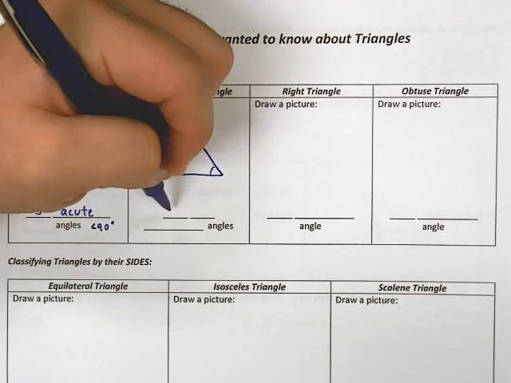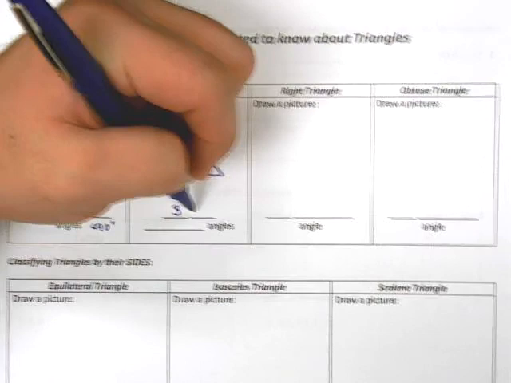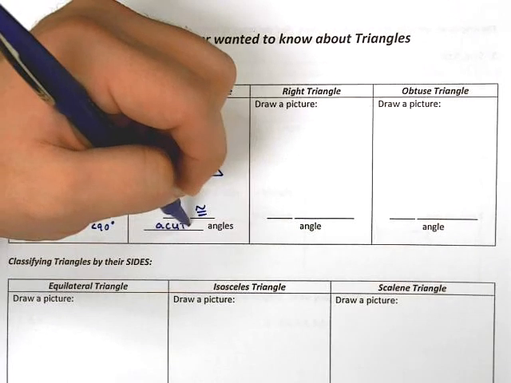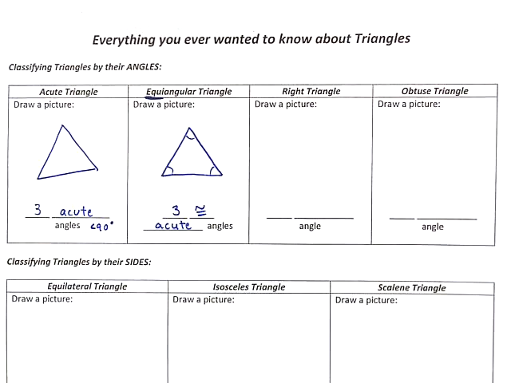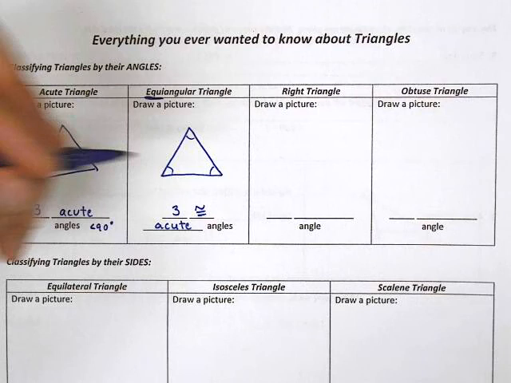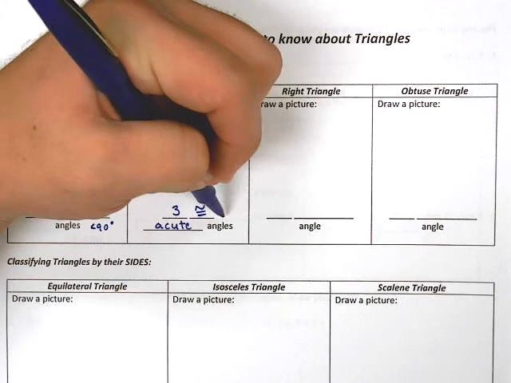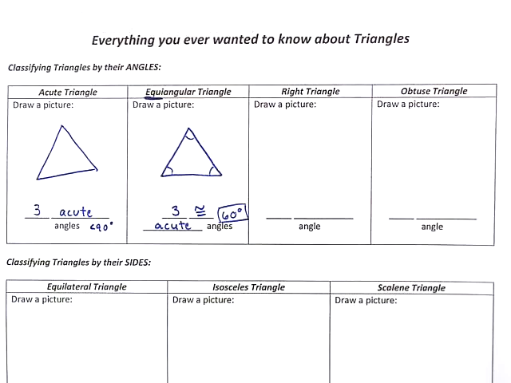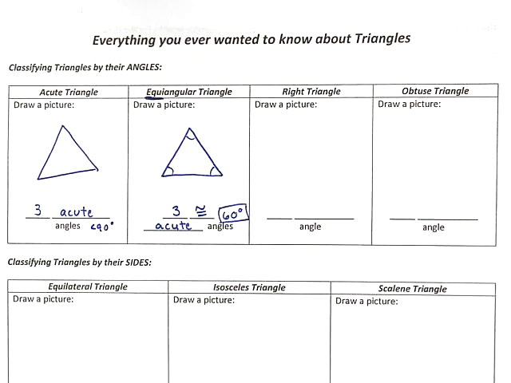So now it turns out that this is going to be three congruent acute angles. And what's even cooler, guys, we know no matter what, always, whenever you have an equiangular, and actually equilateral too, that we'll get to in a second, but this will always be 60 degrees. Must be 60 degrees. 60 plus 60 plus 60 is 180, and that is what you need to have a triangle. Alright, so there's that.